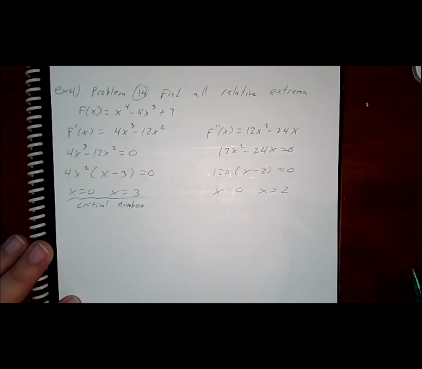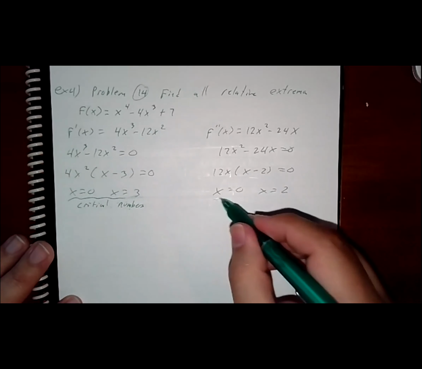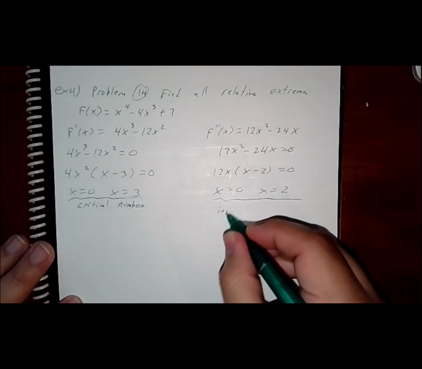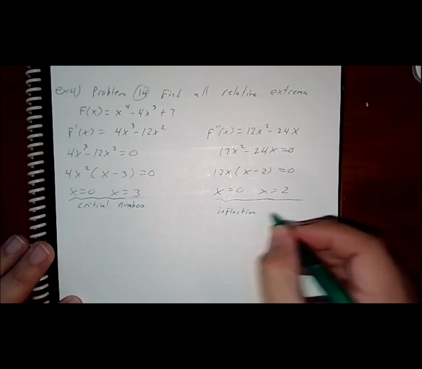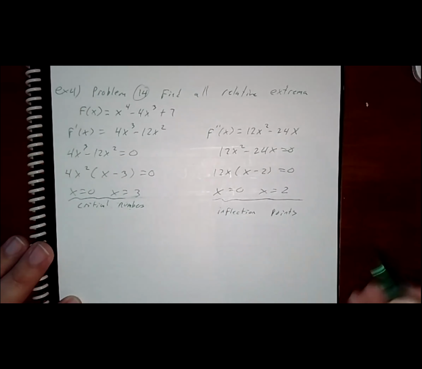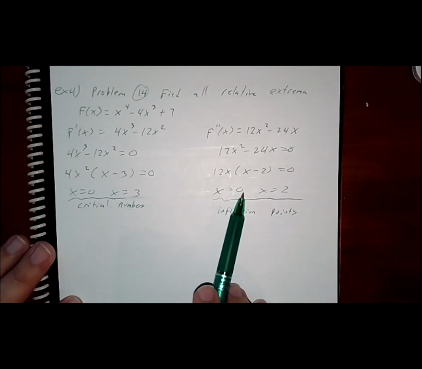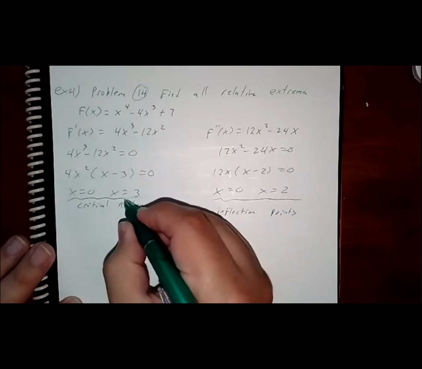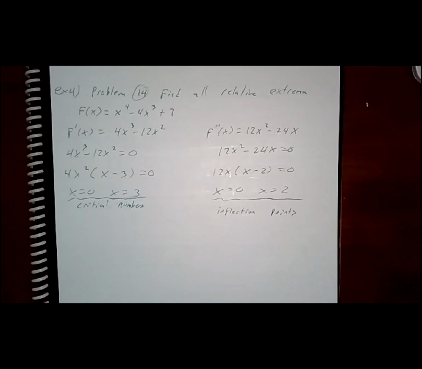Alrighty. Notice how we have x equal to 0 here and here. So it looks like this one may not be a max or a minimum. This one probably still is. But let's go ahead and graph it so you can have a good idea what's happening.